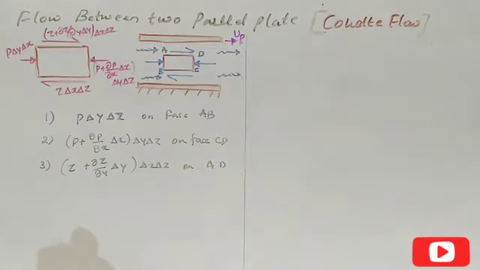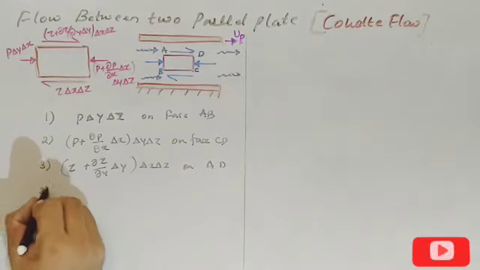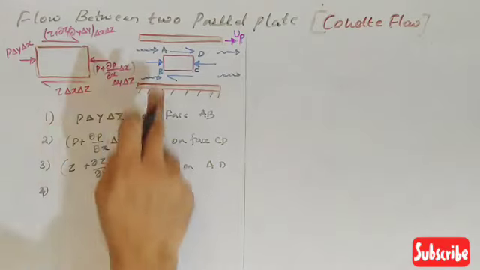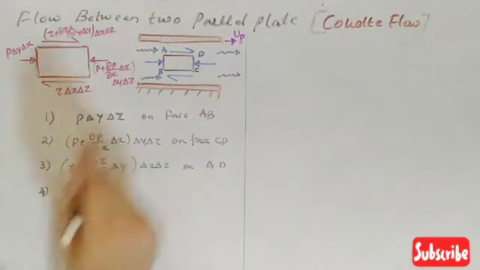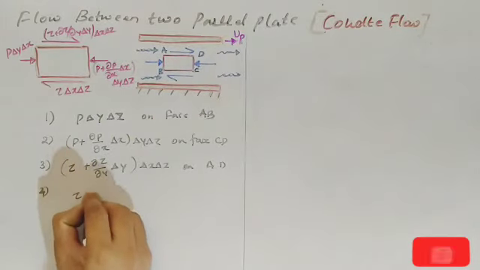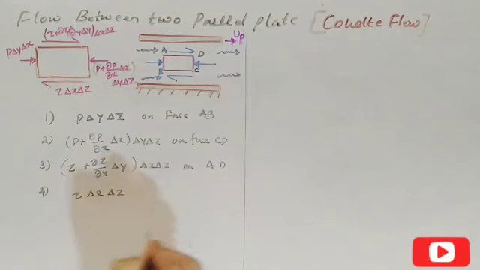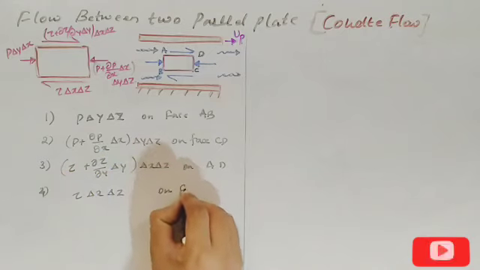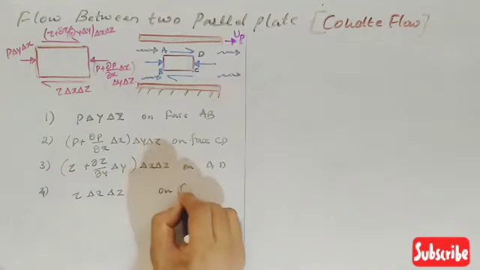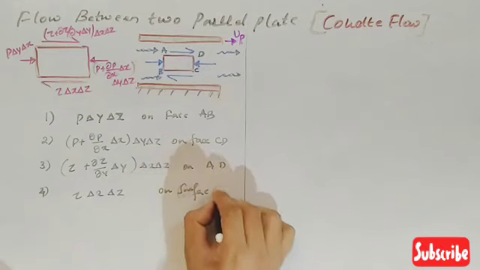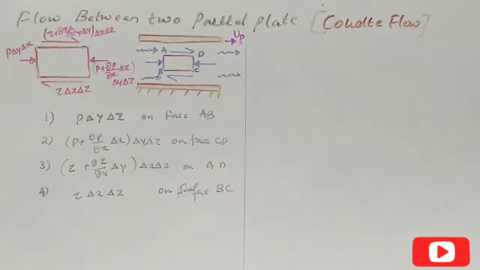Similarly, the other shear force, on surface BC, is tau into delta x, delta z. So these are the forces acting on this fluid element.